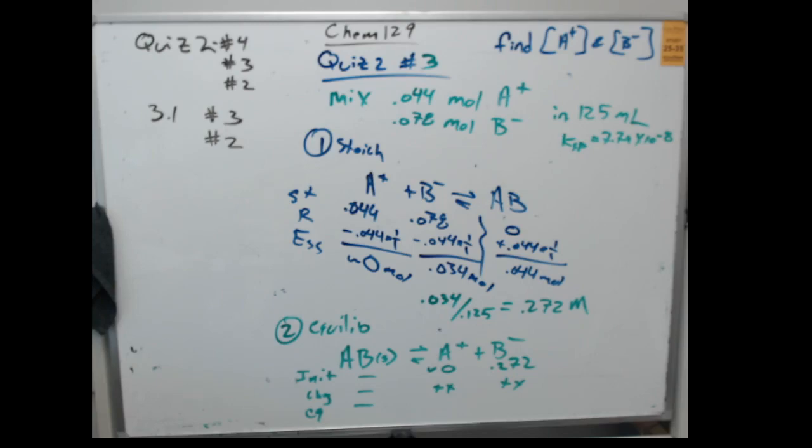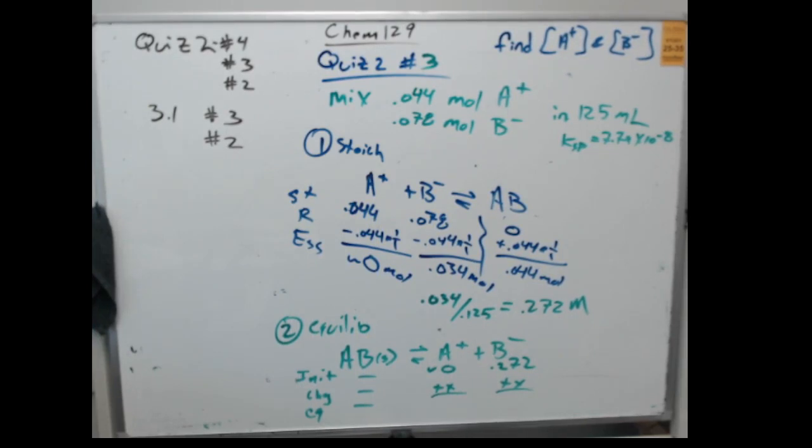Now the catch here is the reaction quotient has the same mathematical form as the equilibrium constant, except the equilibrium is at EQ, and the reaction quotient is at initial. So my Q is going to be 0 because I've got that 0 A. It's going to be 0 times 0.272.